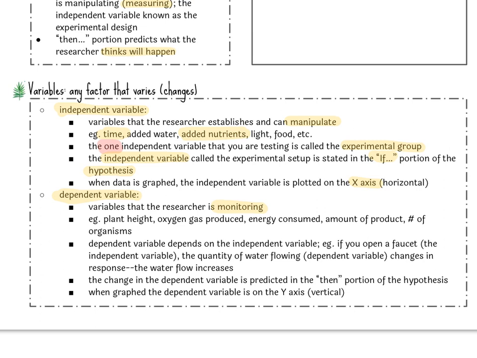So it's the one you're monitoring. This could be many things. It could be plant height that you're measuring. It could be oxygen gas produced. It could be energy consumed. It could be the amount of product. It could also be the number of organisms. There are many different types of dependent variables that you could be measuring.